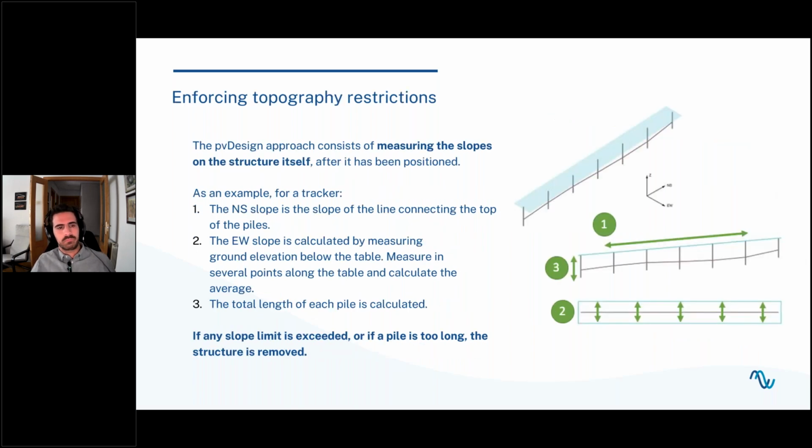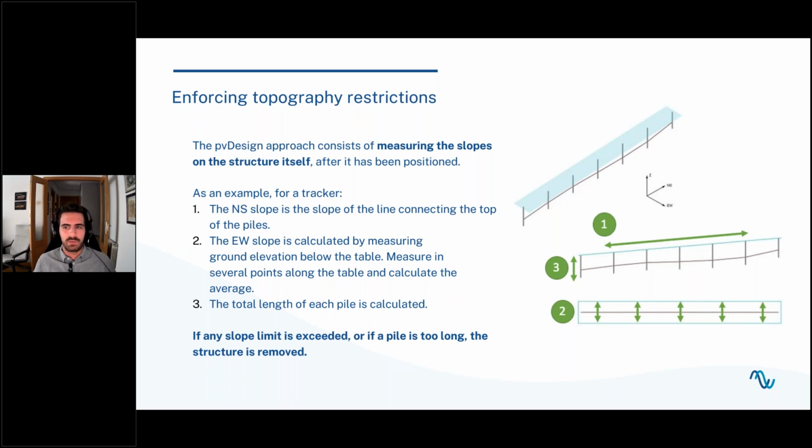So then, in order to enforce the restrictions, what we do is that we measure the slopes on the structure itself, so that we will look at the table of the structure and look at the slope of that table and say if the table slope is greater than 15% or whatever value the user has set, we remove the structure. We also look at the length of each pile, right?